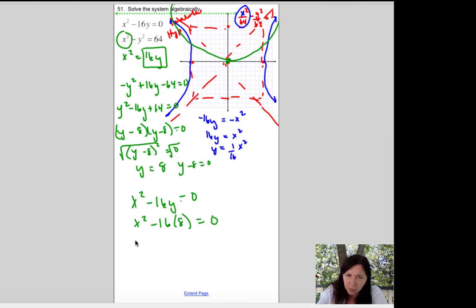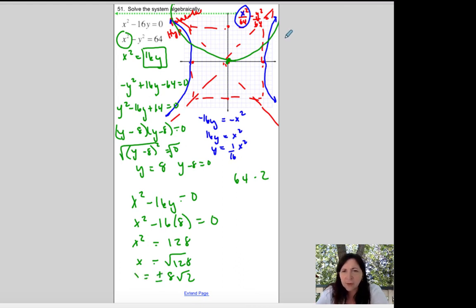It's 128. So x squared is equal to 128, so x is equal to the square root of 128. 64 times 2 is 128, so that's going to be plus or minus 8 root 2.